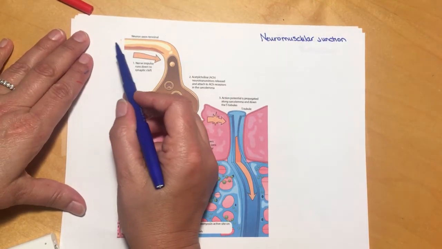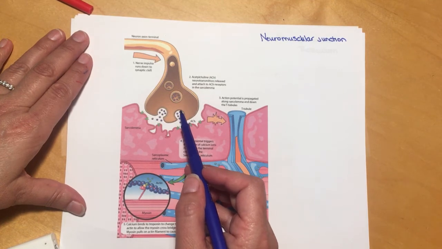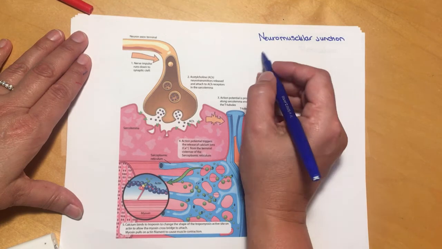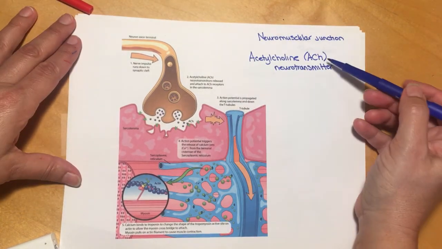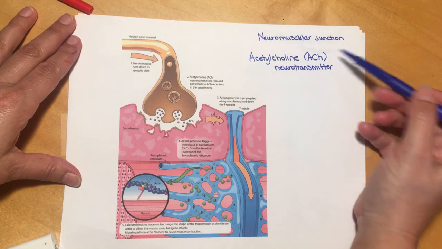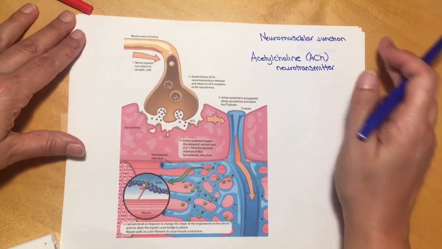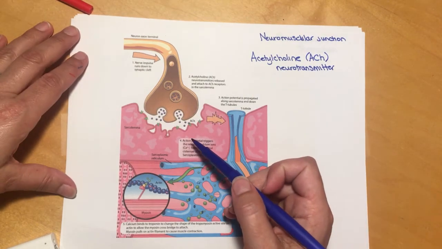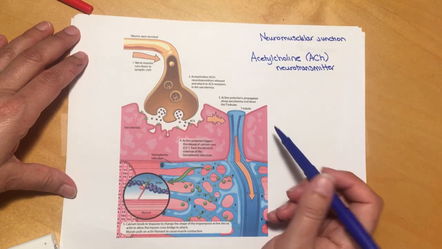So the axon terminal of the neuron is going to come down and it's going to release a neurotransmitter. The neurotransmitter is called acetylcholine. Acetylcholine is sometimes abbreviated as ACh, and it's a neurotransmitter, which means it's a chemical released by the nervous system that's going to stimulate something. And in this case, acetylcholine is going to stimulate muscle contraction.